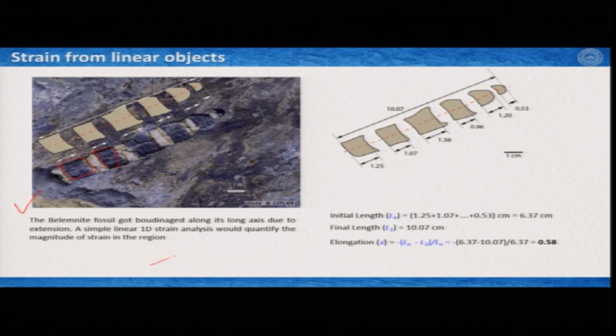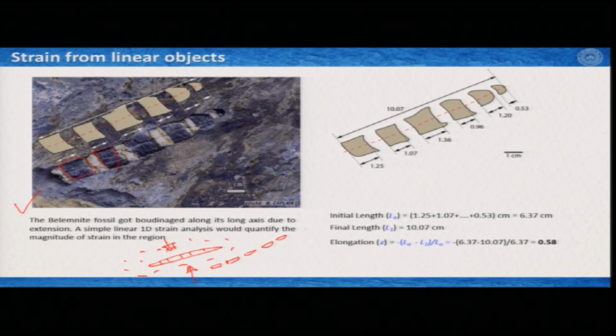You had a belemnite fossil like this, embedded in a rock, and now if you compress this rock this way, then this belemnite fossil initially got fractured this way, and with time it makes some pieces, and this feature in geological context is known as budinaging.